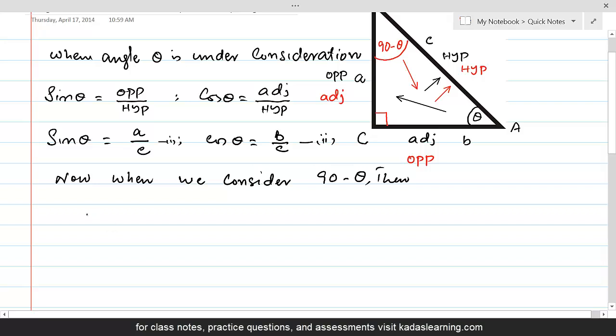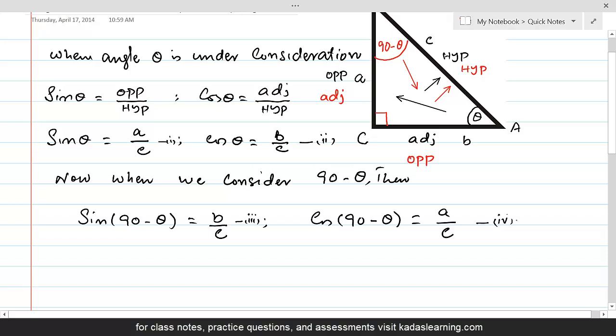So sine of 90 minus theta would be equal to B over C, and cos of 90 minus theta would be equal to A over C. Let us call this number 3 equation and this number 4.